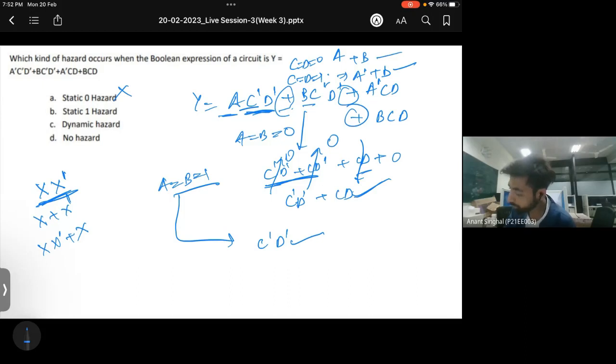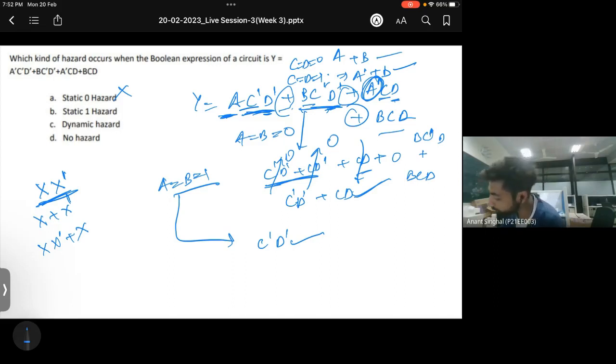So c plus c bar is also not a possibility, because if we take a as 1, this will get 0. And again the same with d and d bar. In this also, if we take b as 1, then b c d bar plus b c d.